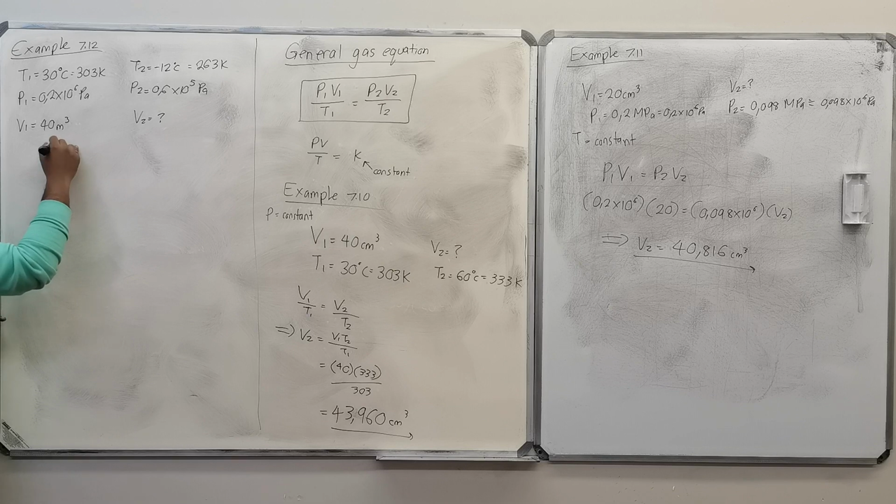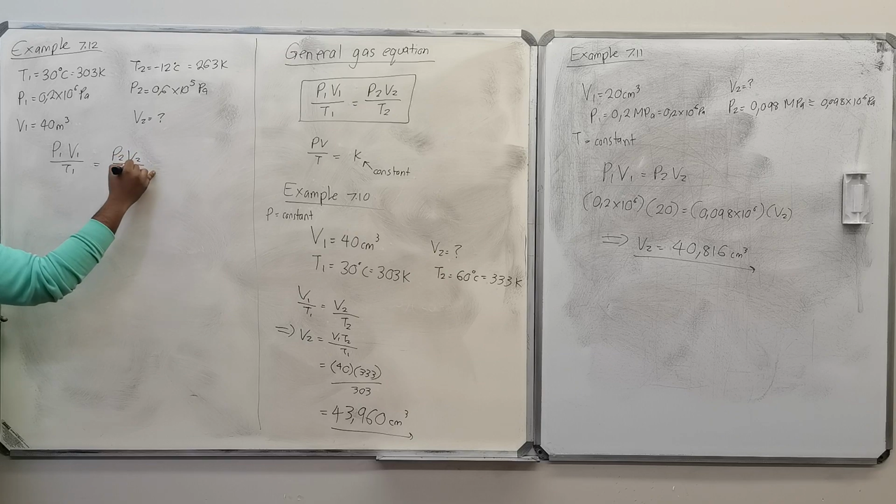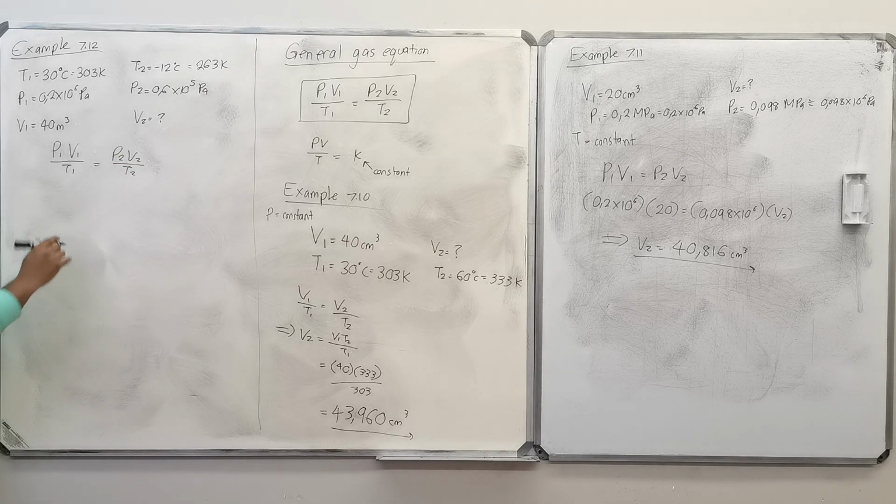So your general gas equation says that P1 V1 over T1 is equal to P2 V2 over T2. Right?